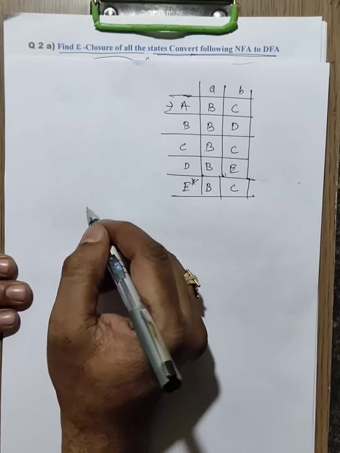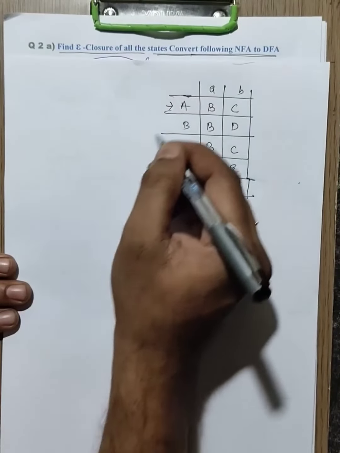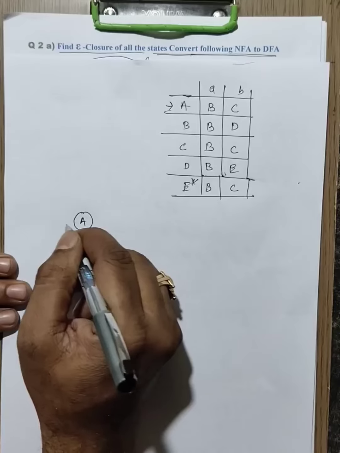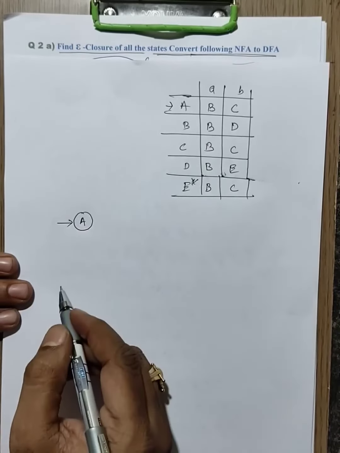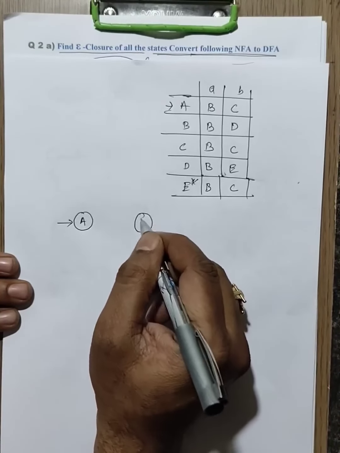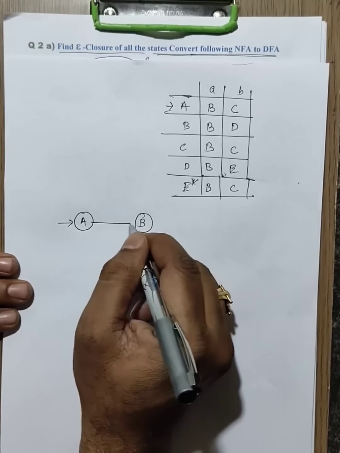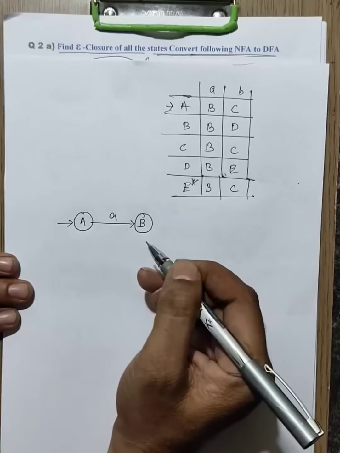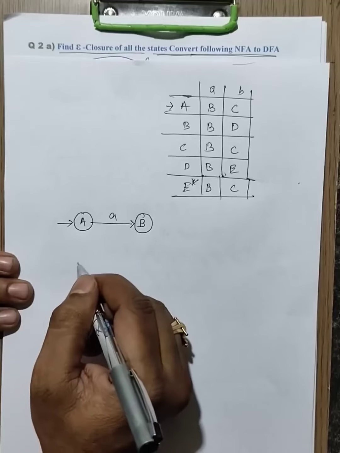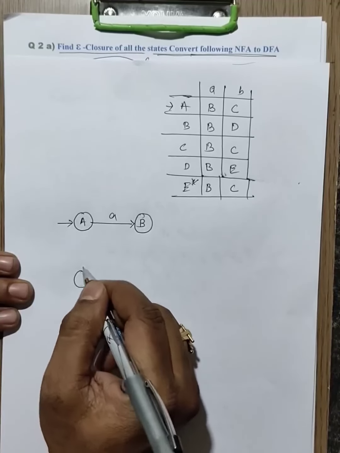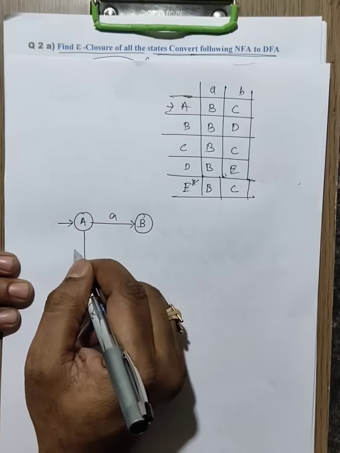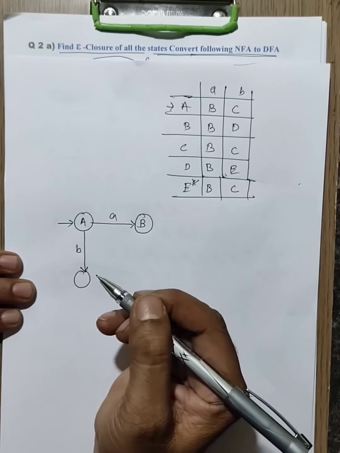Then we can construct the DFA for this. First, A is the starting state. A to B on input symbol A, then A to C on input symbol B. C is a non-final state.